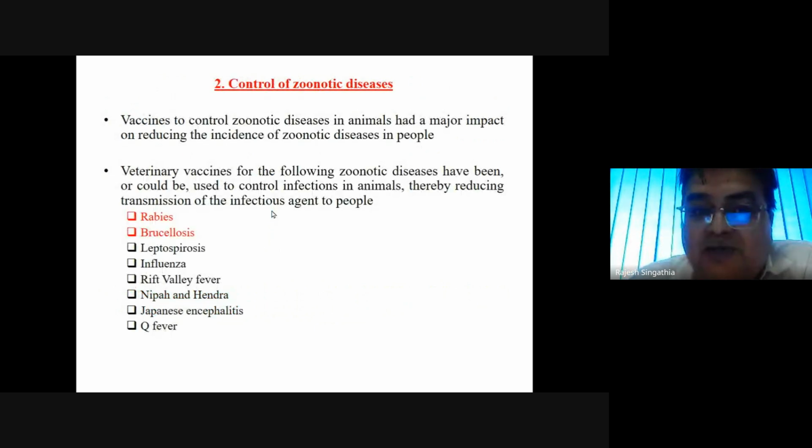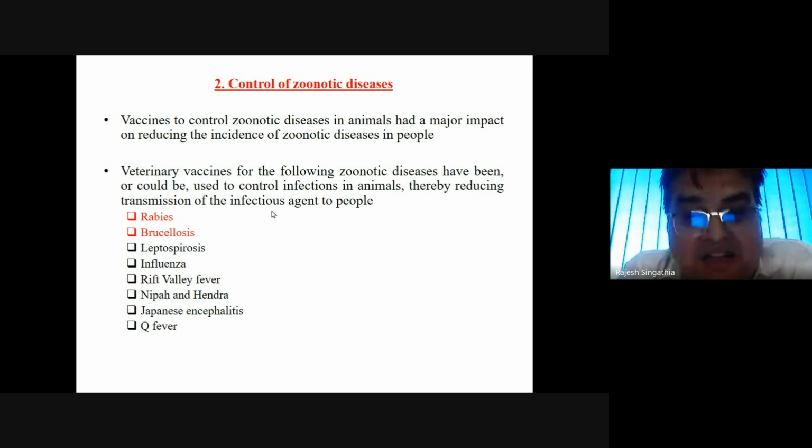The next very important point is control of zoonotic disease. We all know about zoonotic disease. Controlling zoonotic disease in animals, such as rabies, has a major impact on reducing the incidence of zoonotic disease in people.